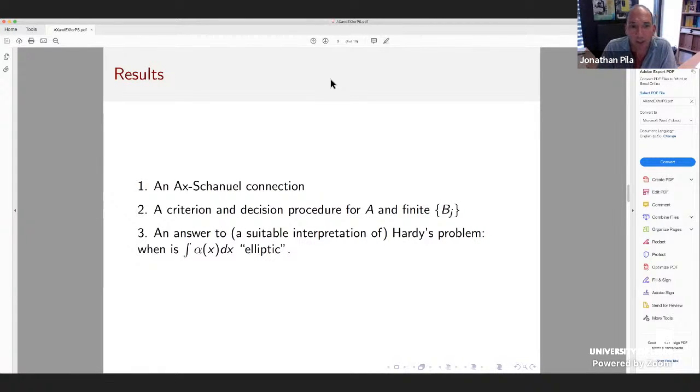And that using that one can give a criterion and a decision procedure for when A, or the algebraic functions determined by A, are exceptionally integrable using the abelian functions, or the functions defined by the B's. And we'll also be able to answer a suitable interpretation of Hardy's problem of when is a given abelian integral elliptic.